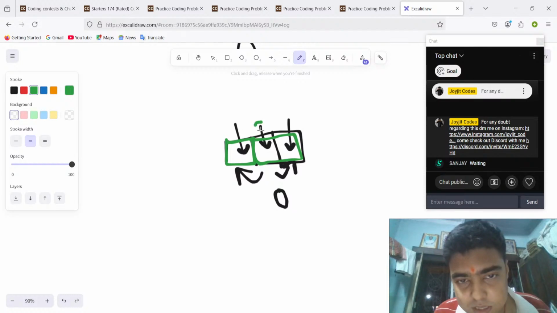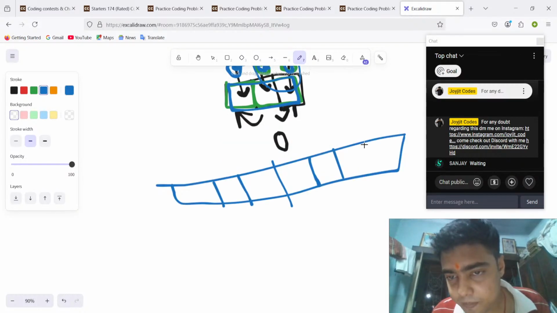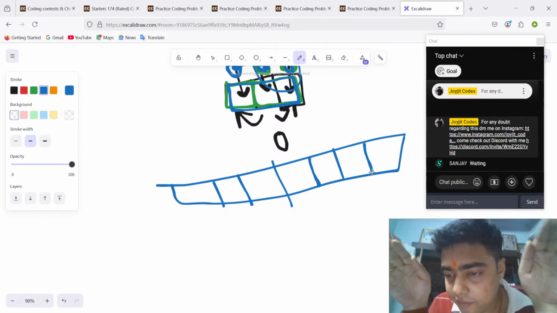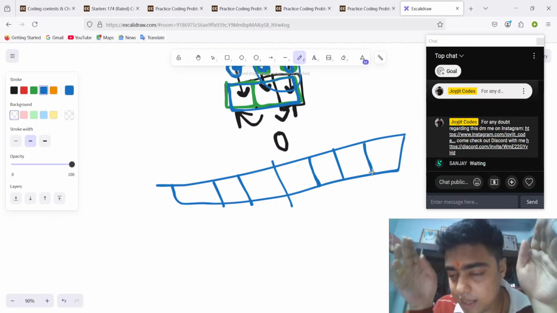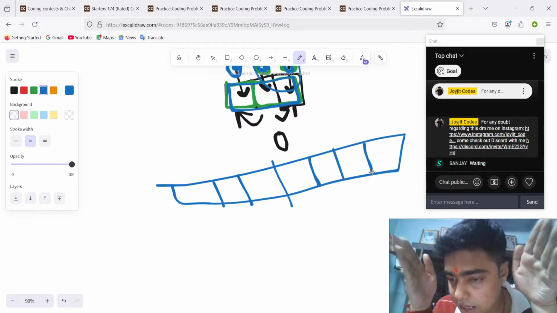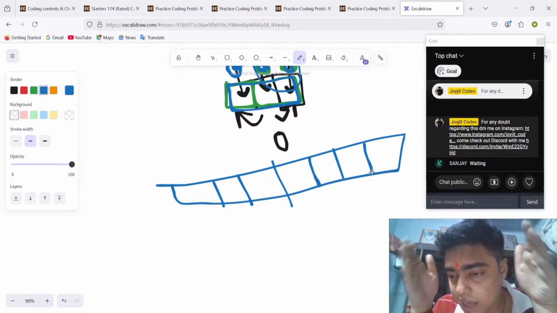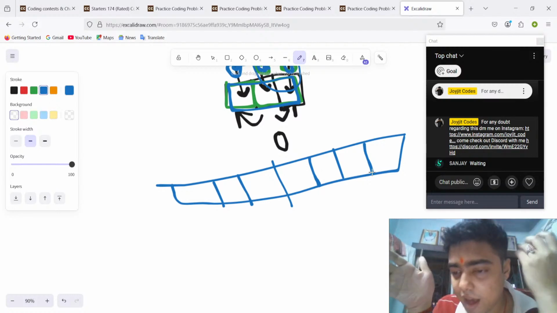I'm going to subtract this. And in the blue, what happens? We are going to check how many elements are towards its left and how many towards its right. If there are more than 2, there is a possibility that that element is the answer. So from that we can just calculate them and have the maximum.